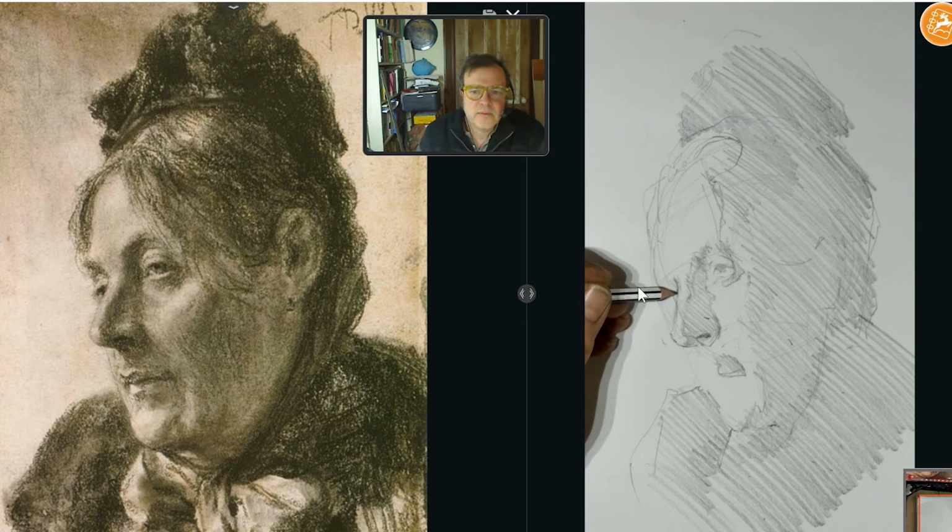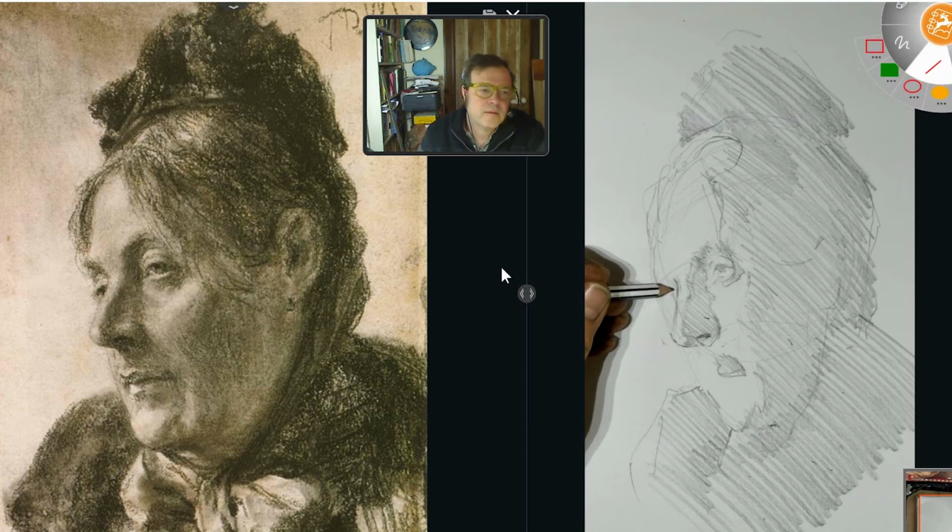Now the next thing we have to look out for is this angle. If we go between the pupils and then we go horizontally, we can see that in this space here we've got about 20 degrees.